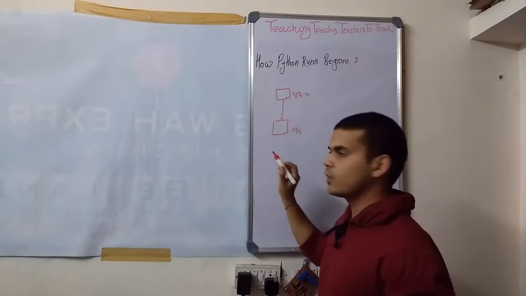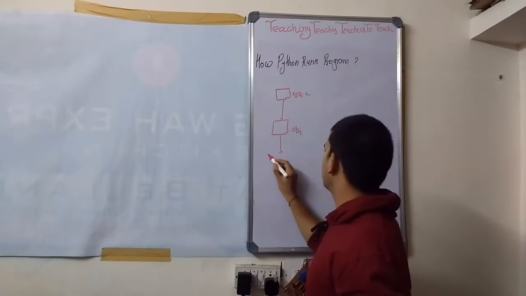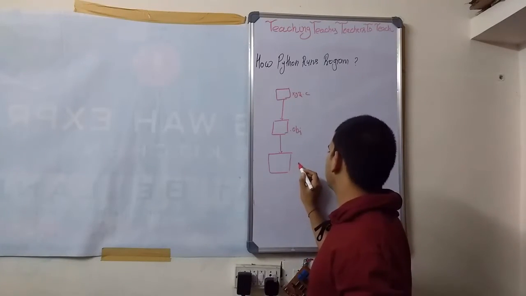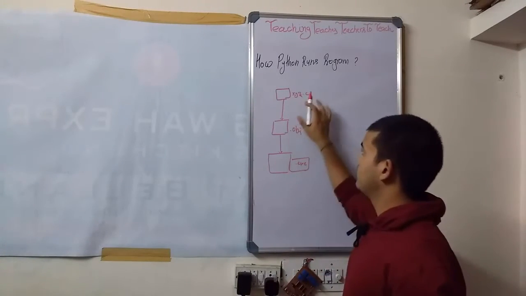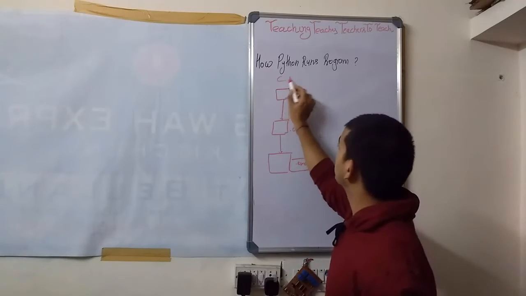So an object file will be created. After that you run it, and your .exe file will be created. This file is your executable file. If I am talking about C, this is the C process.